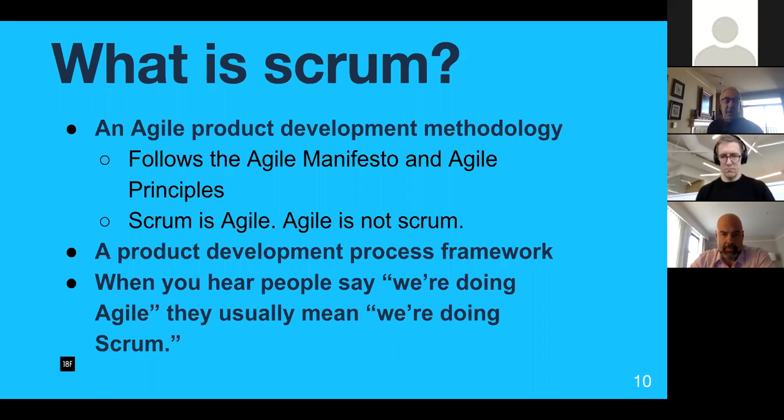We would lay out all of the 4 values and the 12 principles, and then we would point to various parts of the Scrum methodology to show how each of those has been instantiated within Scrum. And it turns out they're all there, all the things we talked about yesterday. So Scrum is agile. What I mean by that is Scrum follows all of the agile principles and values, but agile is not Scrum.